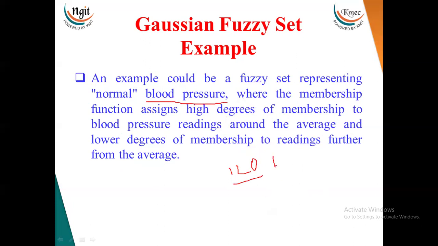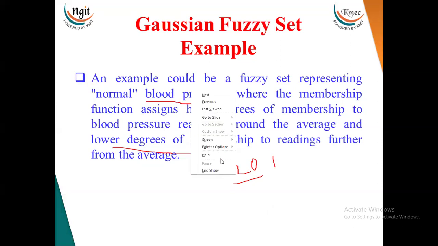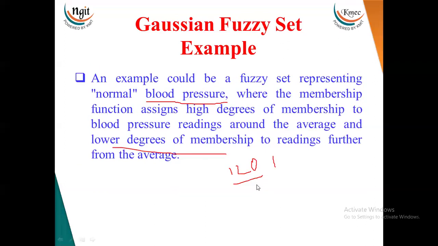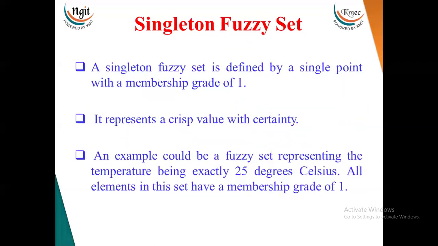Whatever values you get beyond that or less than this will come under a lower degree of membership, because my blood pressure is normal only if the value is 120. Otherwise it is abnormal. If it is high, we go for different options; if it is low, again we go for different options. So this is an example.